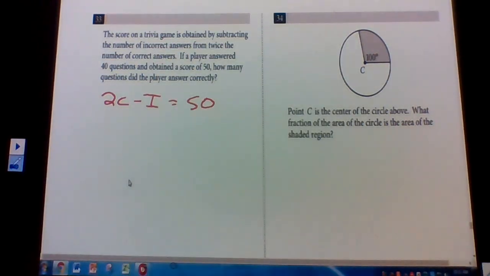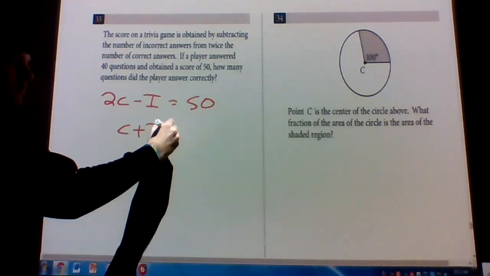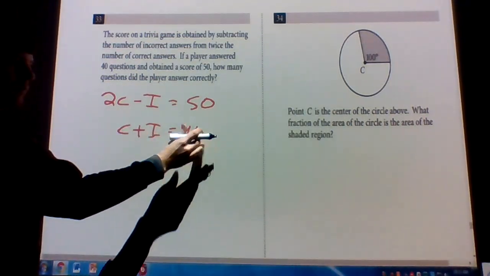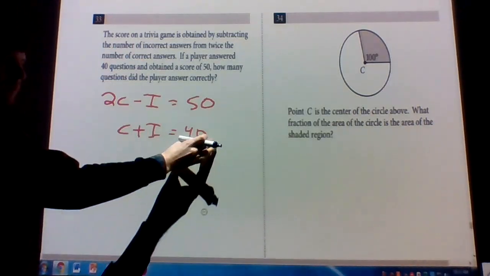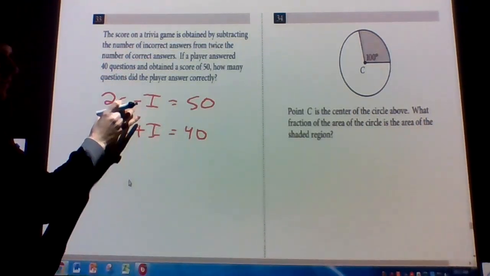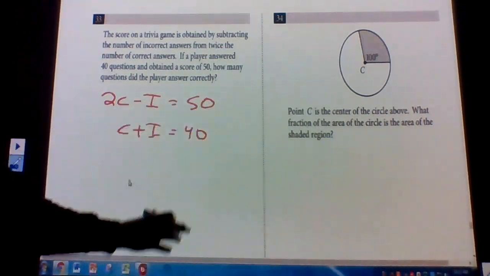He answered 40 questions, so that means C plus I is going to equal 40. The number of questions correct plus the number of questions incorrect is 40 questions total. 2 times his correct answers minus his incorrect got him a score of 50.